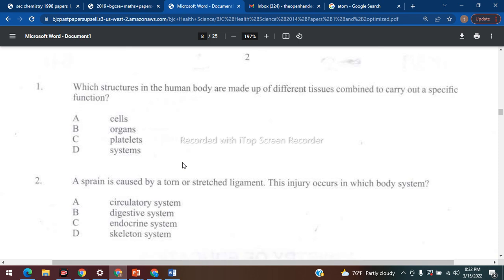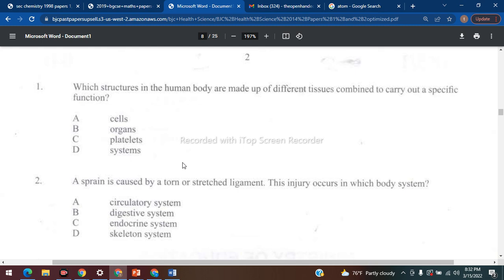Alright. So which structure in the human body is made up of different tissues combined to carry out a specific function? A, cells. Systems. Organs. Yeah, because remember, cells make up tissues.